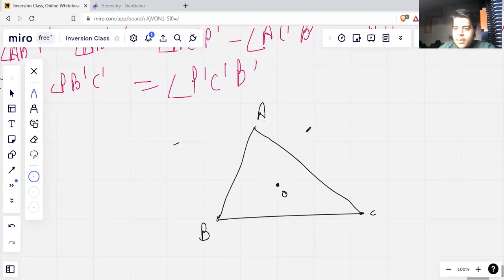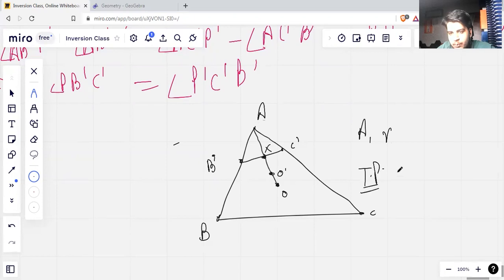I perform a random inversion with center A and radius R. B goes to some B dash, C goes to some C dash, and O goes to some O dash. Let this intersection be X. I need to prove AX equal to XO dash.